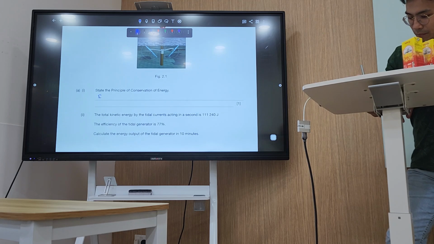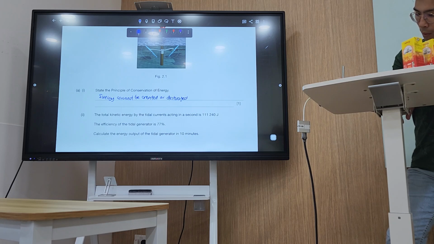Okay, energy cannot be created or destroyed, only converted from one store or one form to another.